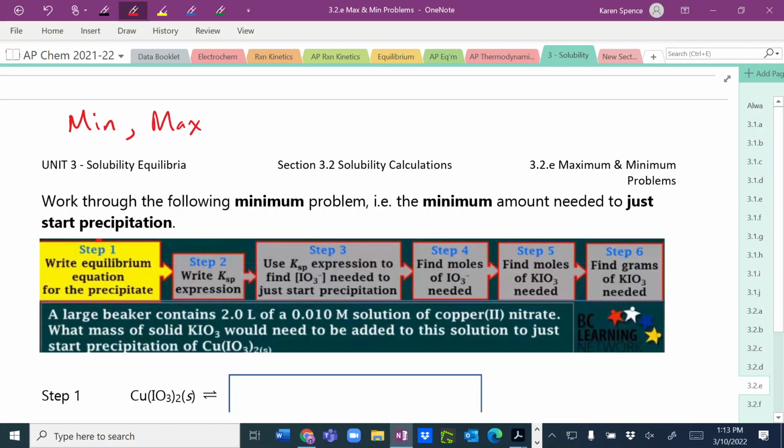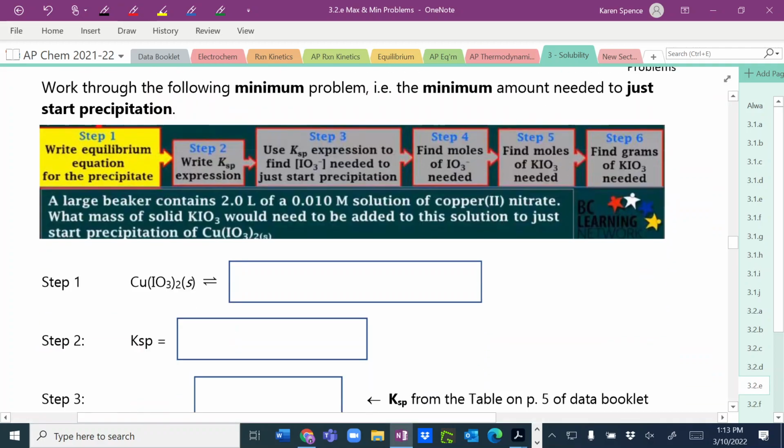And you're going to be given KSP, and you are going to be given one of the ion concentrations. So you have an equation, you have a KSP, you have an ion concentration, you got 2 variables, solve for the third one. For some reason, these questions sometimes freak people out just because they want to complicate things, but they're actually the easiest. So let's try this one here.